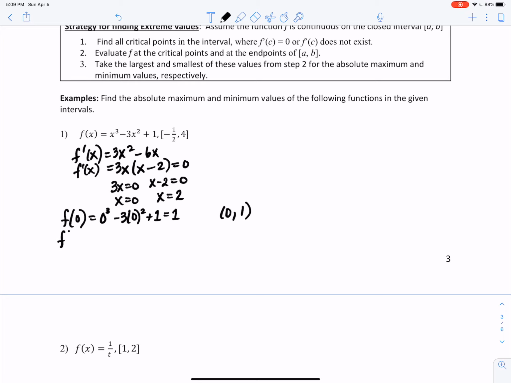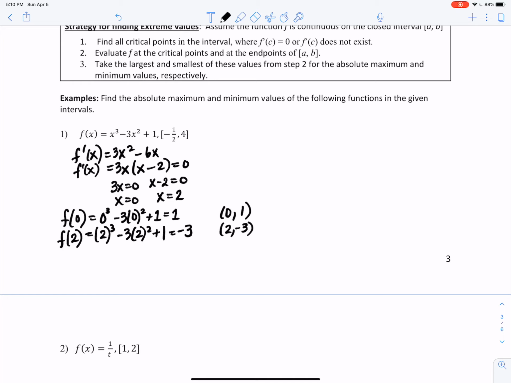Next, I'm going to substitute in my second critical value, x equals 2, back into my original equation. So I have 2 cubed minus 3 times 2 squared plus 1, and when I do that, I end up with negative 3. So my second point is (2, negative 3).